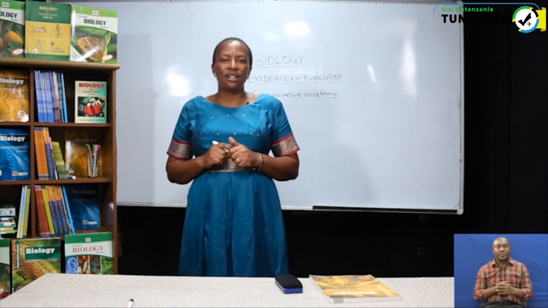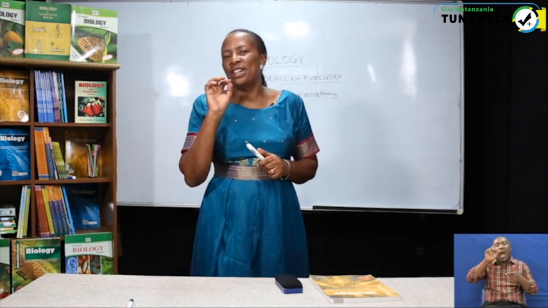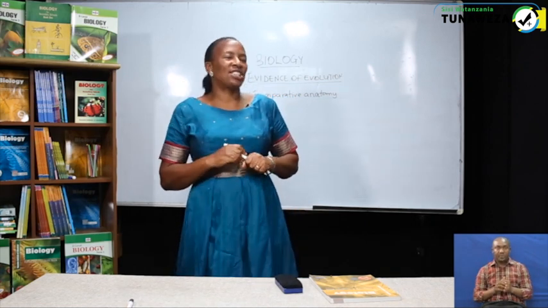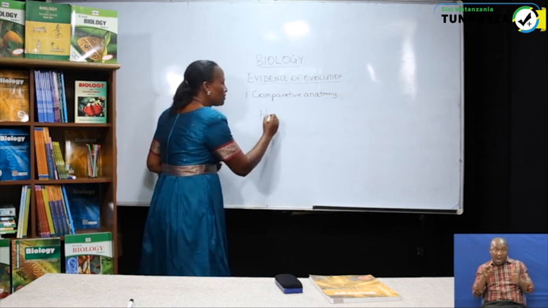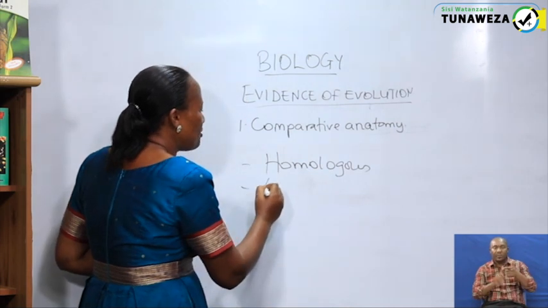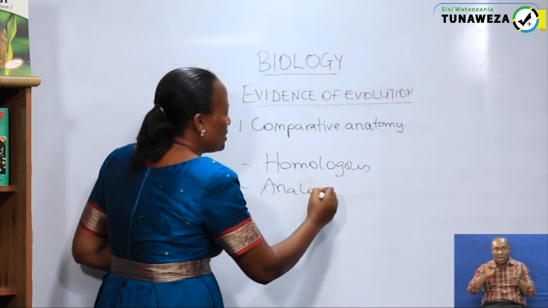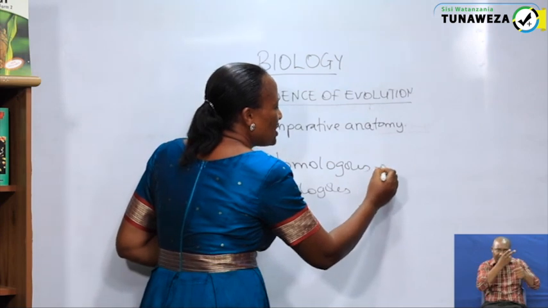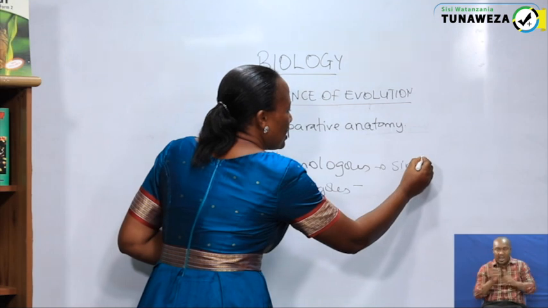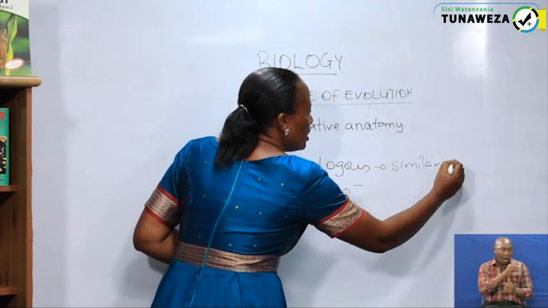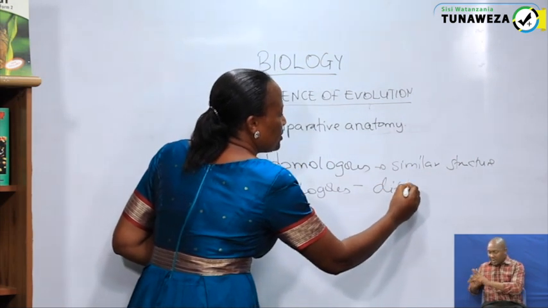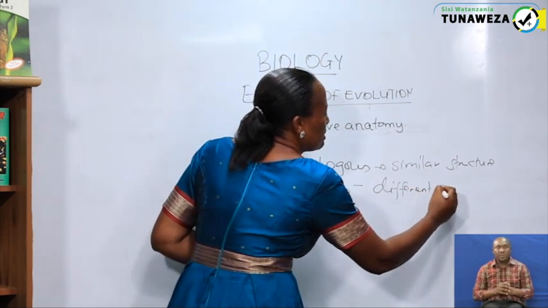In another category, we have the so-called analogous structure. We have homologous structure, similar structure, and also analogous structure, different structure.